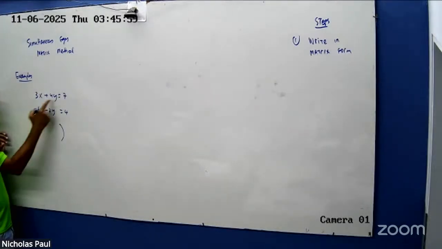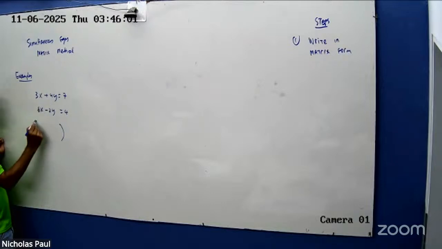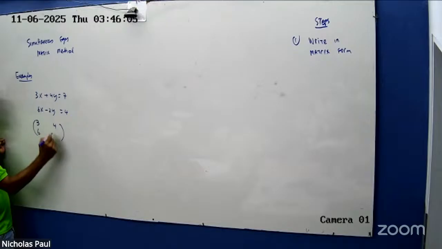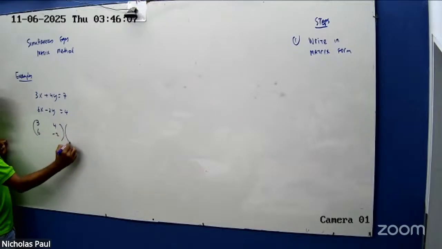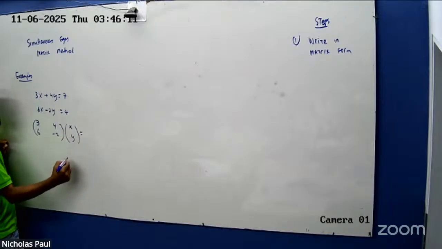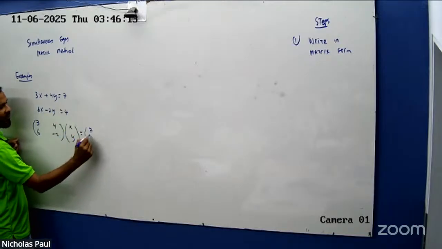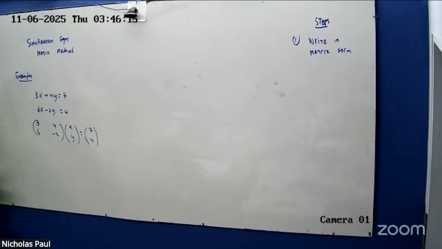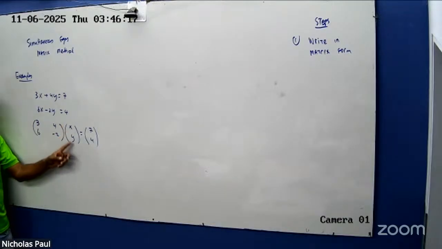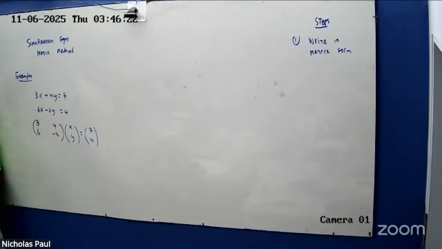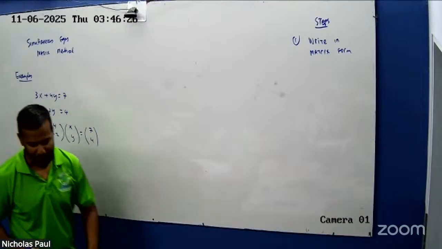Take the coefficients of all the values, 3, positive 4, positive 6, minus 2, multiply it by the variables x and y, and make it equal to the answer, 7, 4. If I multiply this row, I'll get that. Multiply this by this, I'll get that. Everybody okay with that?